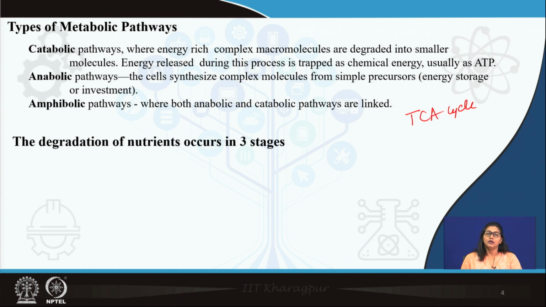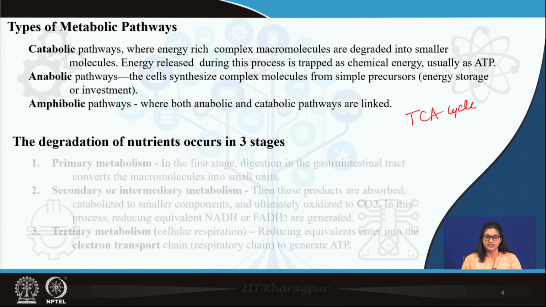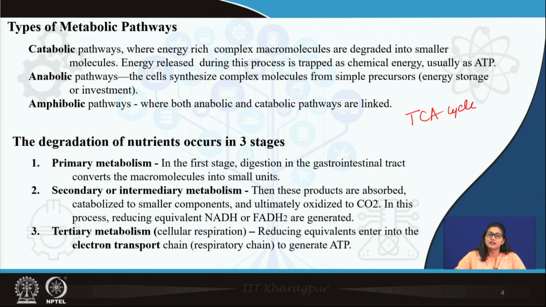Now, the nutrients, their degradations occur in three stages. First is the primary metabolism, that is about digestion. So, basically in the first stage the nutrients are digested in the GI tract and then absorbed in smaller units. Now, those smaller units undergo secondary or intermediary metabolism. How? Now, those absorbed products have already been catabolized into smaller components.